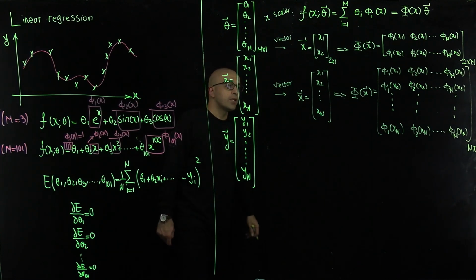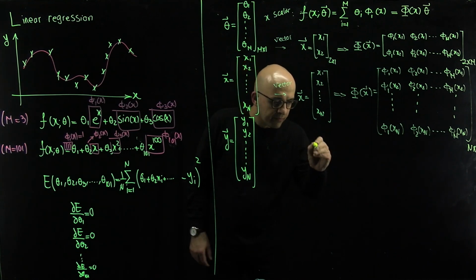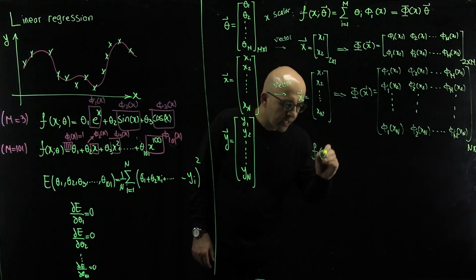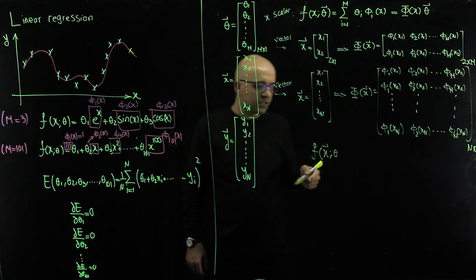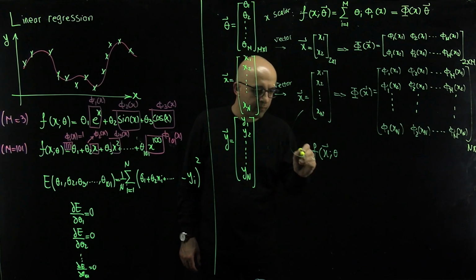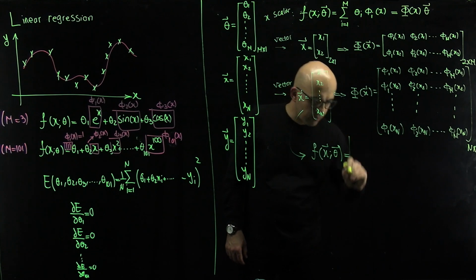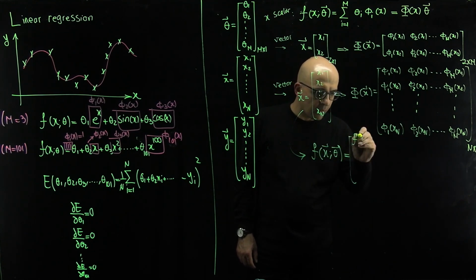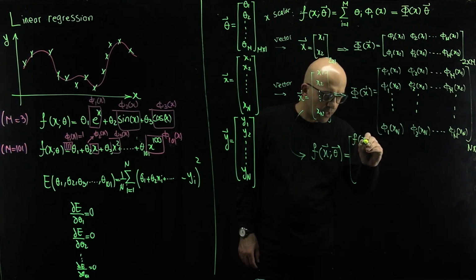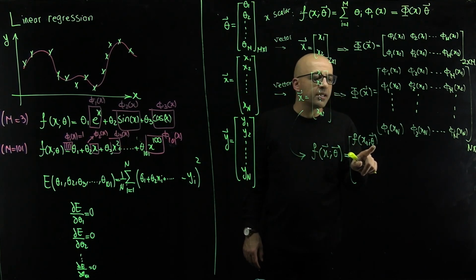All right, so now using this notation, if you want to evaluate f at all these points, let's say x is this vector of training points again. I was using the same x here. What this really means is that f is evaluated for x1. Remember, even if we want to evaluate f at a particular x, we still need the entire vector of theta.